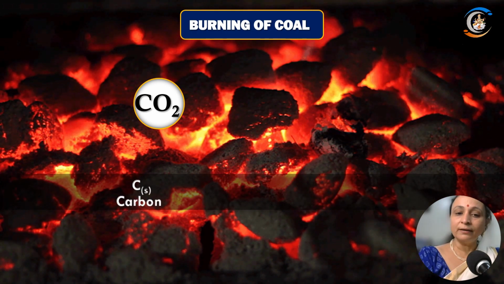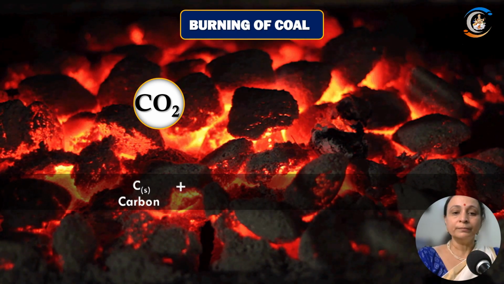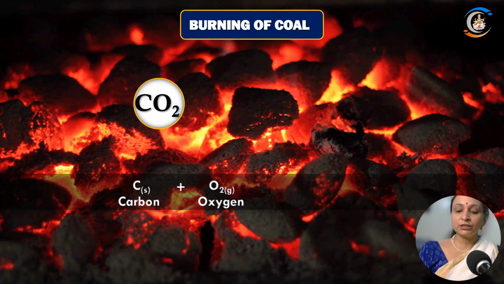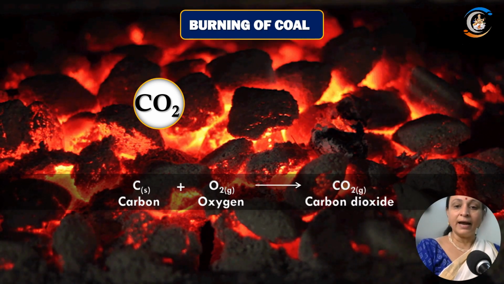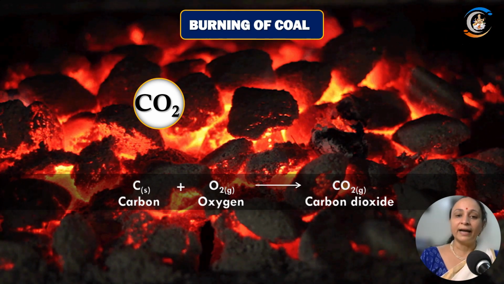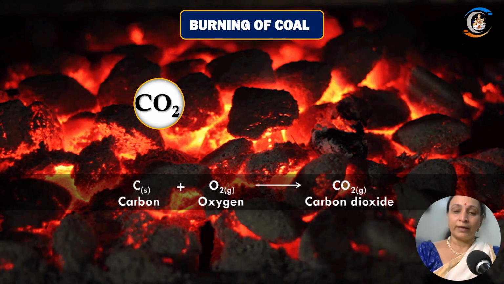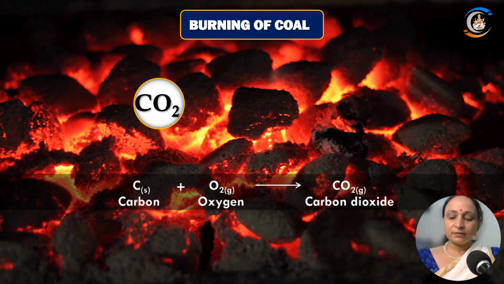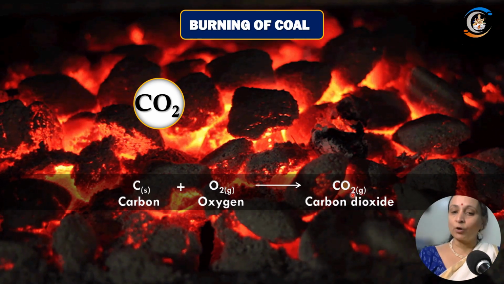Here, the carbon in the solid form reacts with oxygen in the gaseous form from the air, and it gives you carbon dioxide. CO2, the symbol of carbon dioxide, is made up of carbon in the solid state and oxygen in the gaseous state, right?